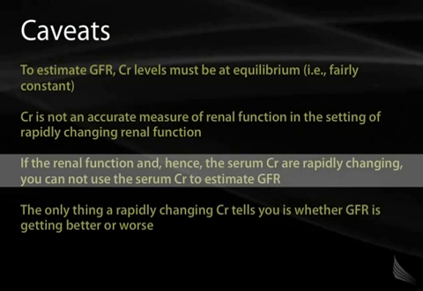if one were to take a healthy individual, the normal serum creatinine concentration is approximately 1 milligram per deciliter. This would correlate to a GFR of approximately 100 mL per minute. However, if you took that healthy individual and removed both kidneys, the GFR falls to 0. However, the serum creatinine concentration would not reflect this immediately.